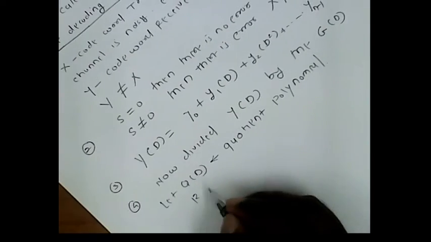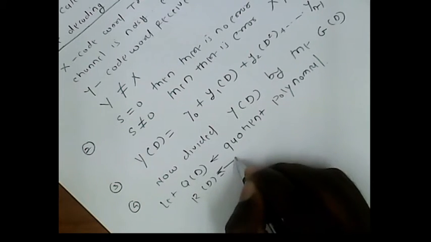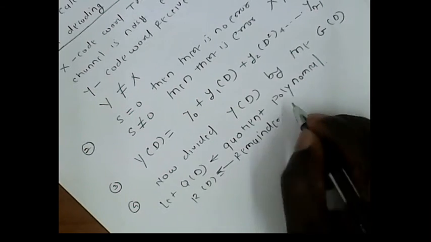Here r of D represents the remainder polynomial.